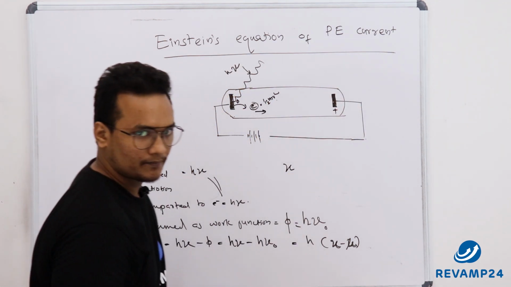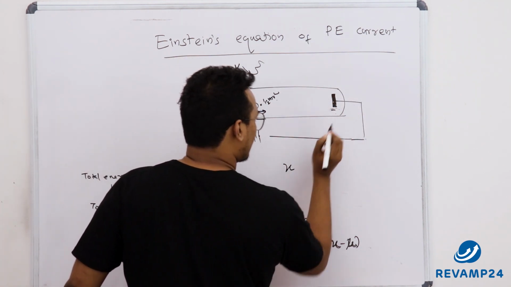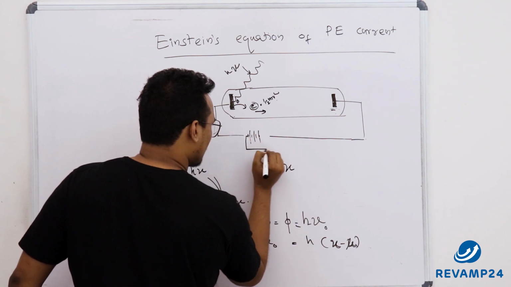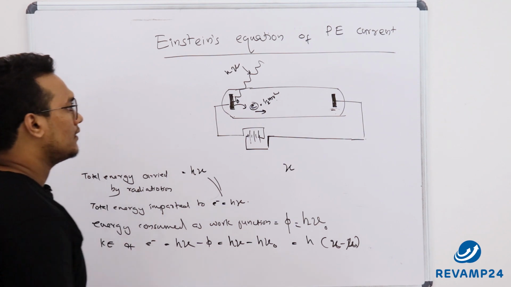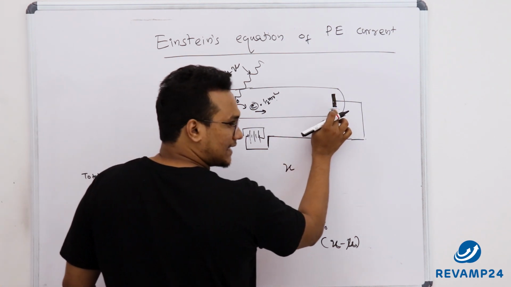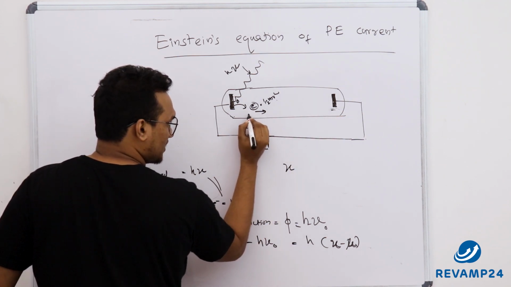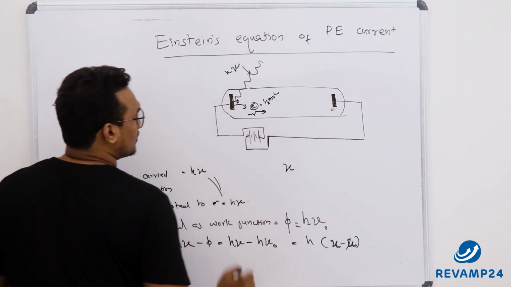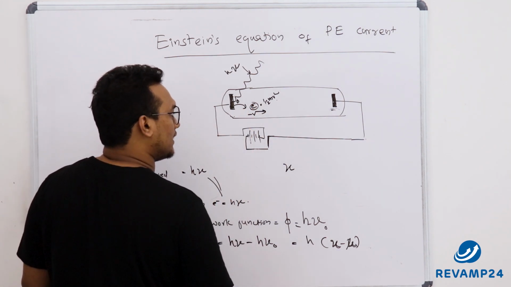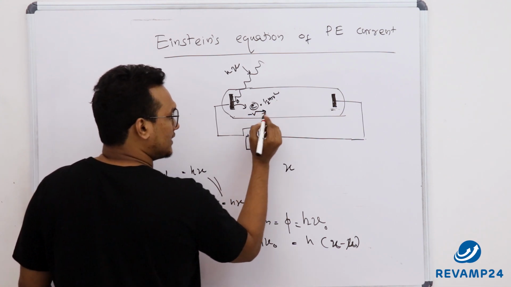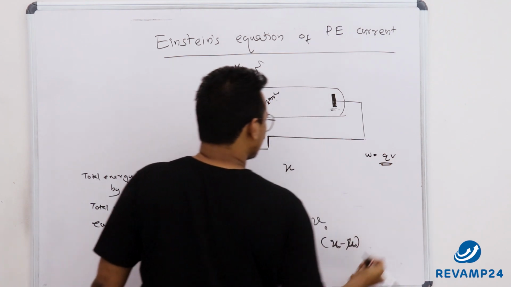This is the collector plate. Now, if I give a negative potential here, which means connecting the negative side of the battery to this plate and the positive to the other, this plate will have a negative potential, minus V. As there is a charge e here, the potential energy will be eV, because potential energy is equal to QV.